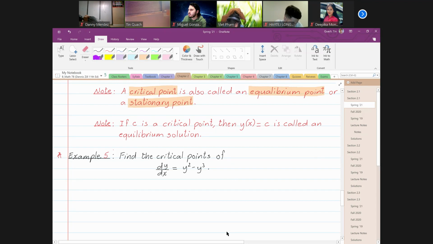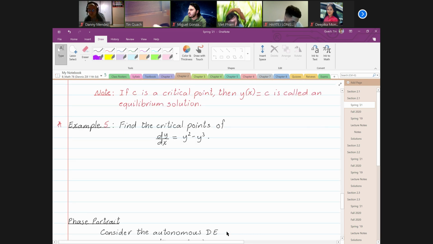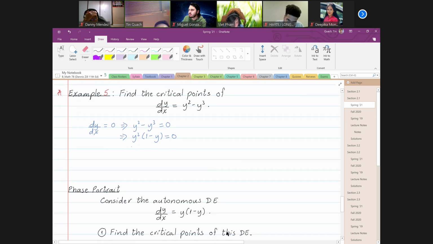So I give you this autonomous differential equation, and you want to find the critical points. So basically you set the derivative equal to 0, which implies that this is 0, so you can just factor. You know that y squared is 0 or 1 minus y is 0.